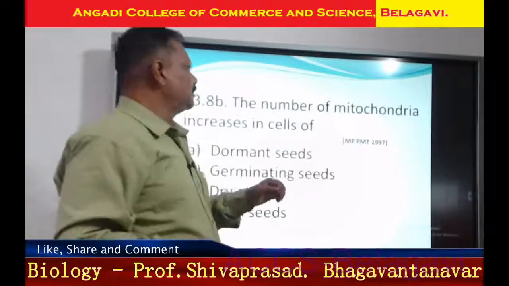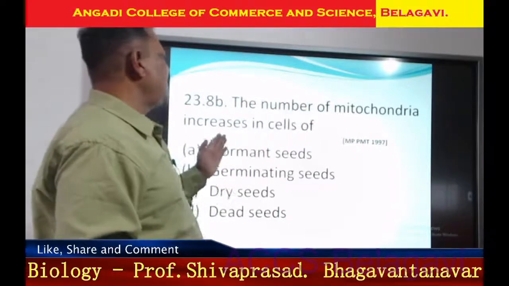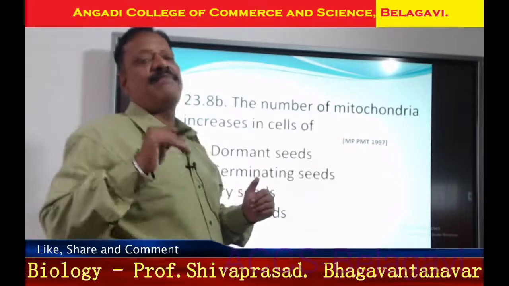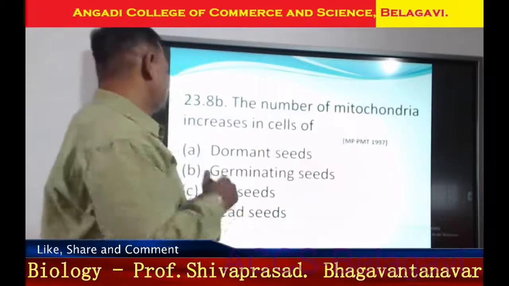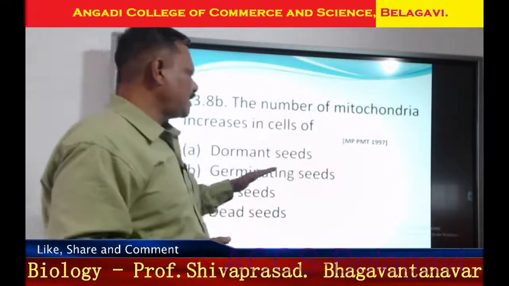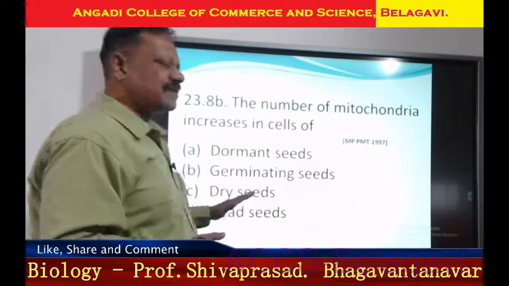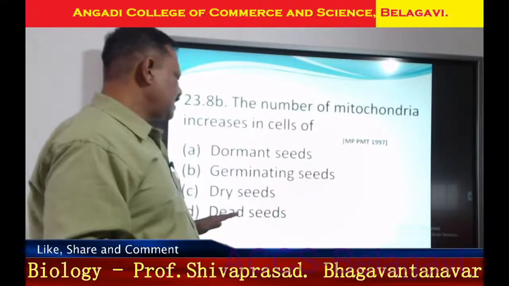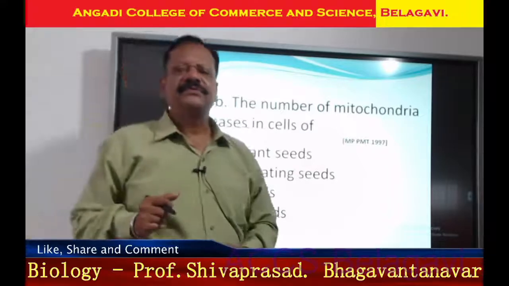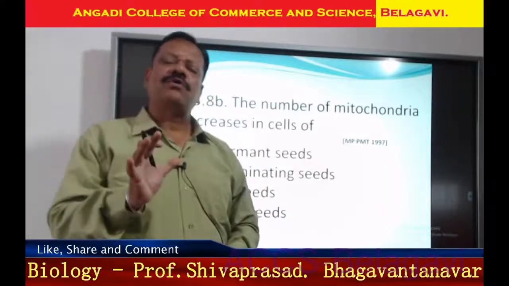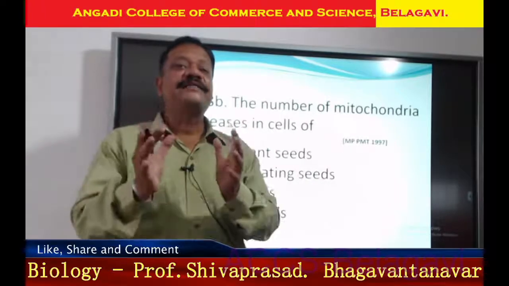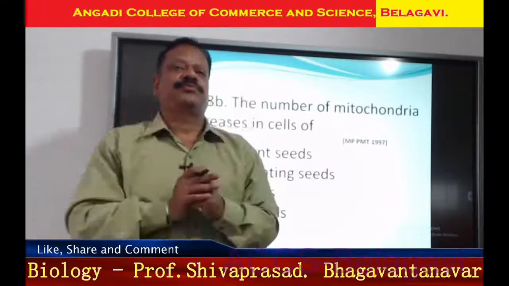Now, the number of mitochondria increases in cells of... Where does the number of mitochondria increase? Options: A, dormant seeds, B, germinating seeds, C, dry seeds, and the last one is dead seeds. If the number of mitochondria increases, the energy requirement should be more.